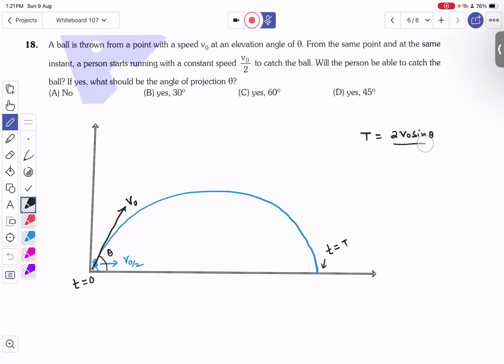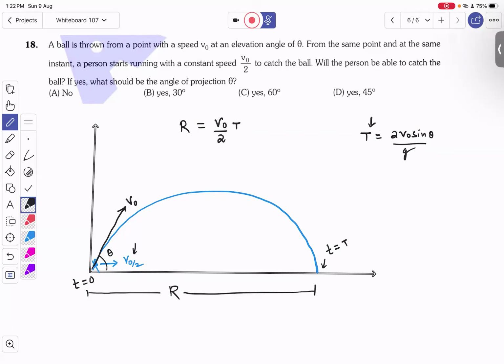Whatever range the projectile has, the man must travel the same distance in the same time, correct? With what speed does the person run? v0 by 2. For what time? t. So the distance he covers in time t is v0 by 2 into t.